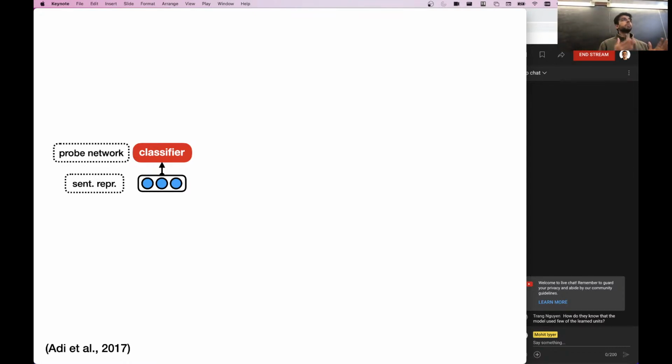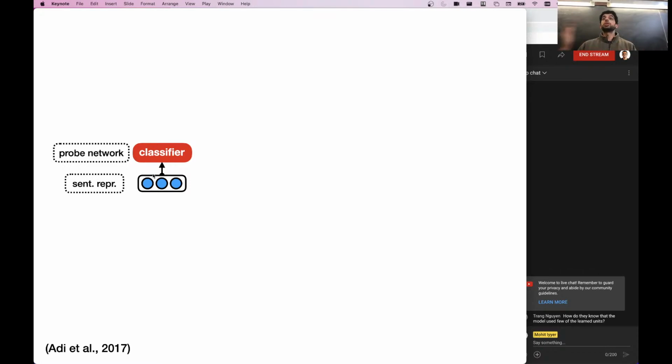So how do we implement classifiers? Like, how have we done this in the past? Let's say I wanted to have a sentiment classifier over this sentence representation. What would I do? Right, I would put a fully connected layer, or linear layer, or whatever you want to call it, over this representation.